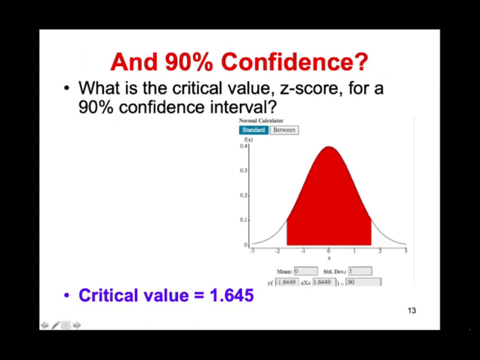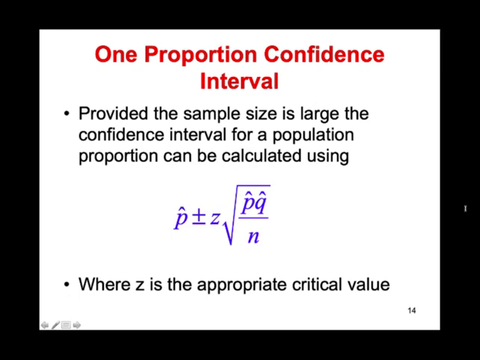And finally, what if we wanted to construct a 90% confidence interval? Once again, I'm going to go to the normal calculator on StatCrunch, and supply an area of 0.90, and the critical value to 3 decimal places would be 1.645.